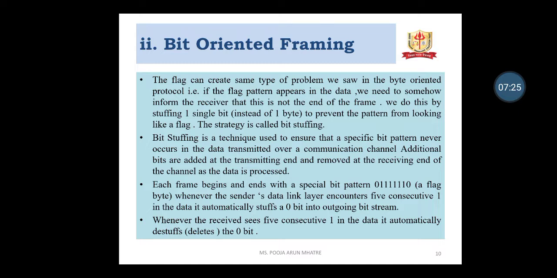Each frame begins and ends with a special bit pattern. Whenever the sender's data link layer encounters five consecutive 1s in the data, it automatically stuffs a 0 bit into the outgoing bit stream. Whenever the receiver sees five consecutive 1s in the data, it automatically destuffs the 0 bit.